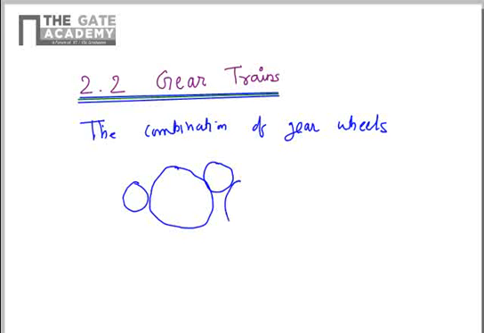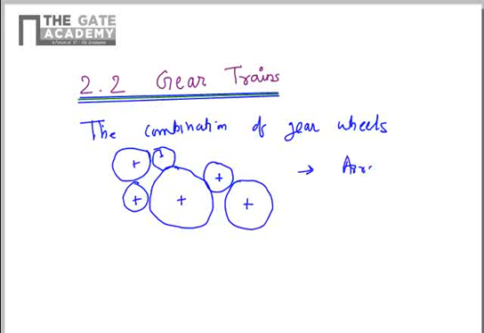Similarly, the third one can engage the fourth and so on. If you are arranging various gears in the form of a chain, the shaft position can be anywhere, and there can be another gear here, driving another gear here. Such combinations are called gear trains.